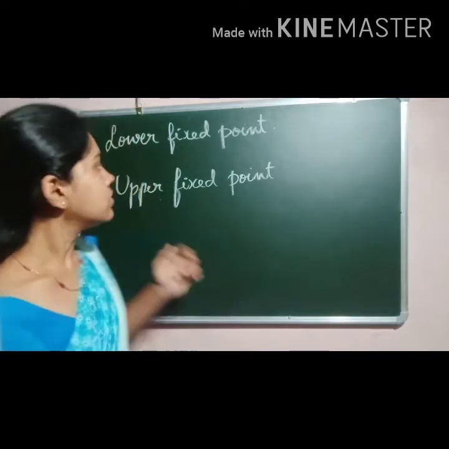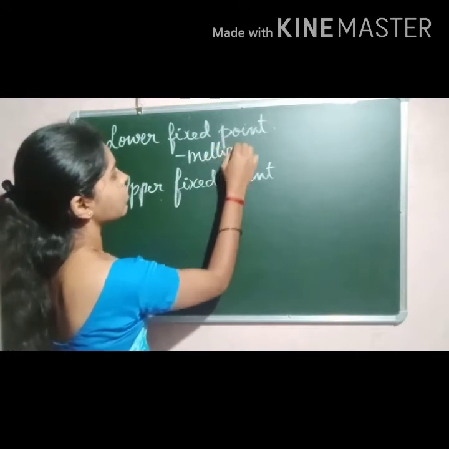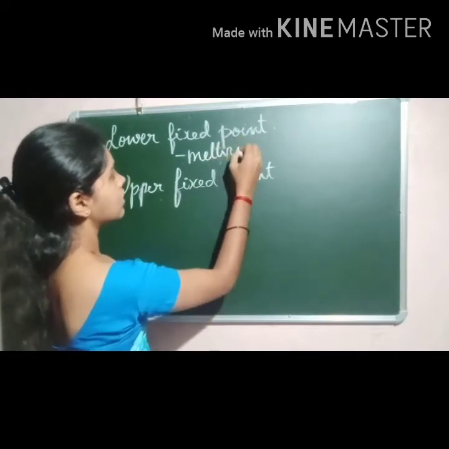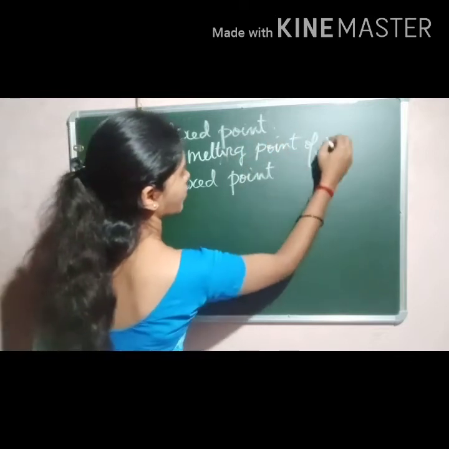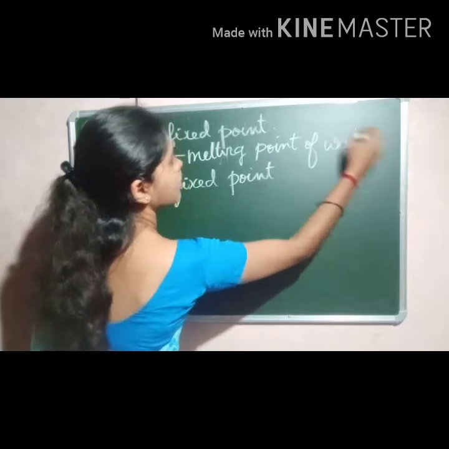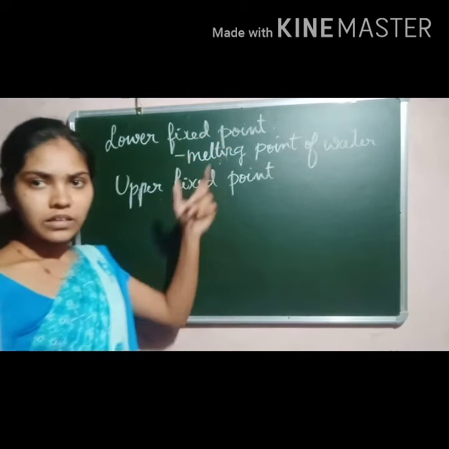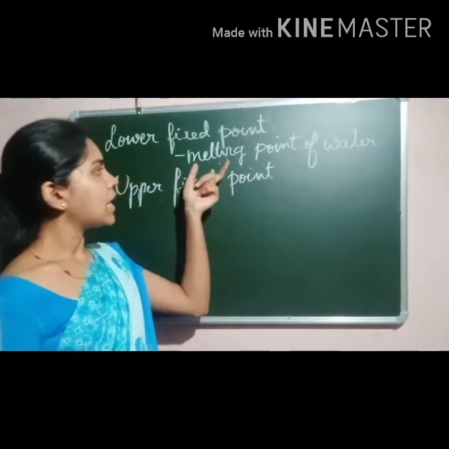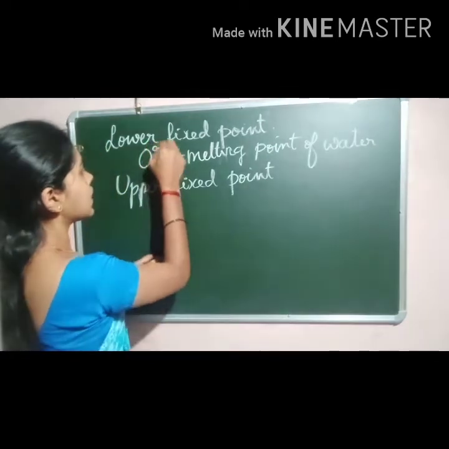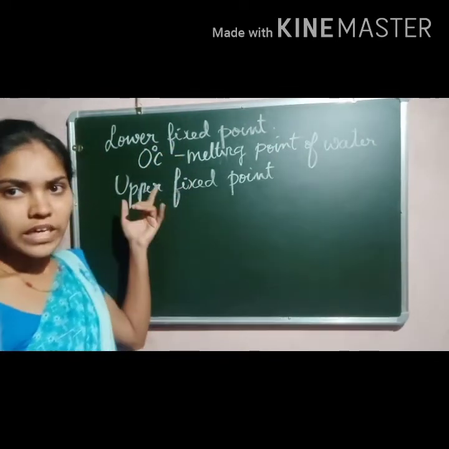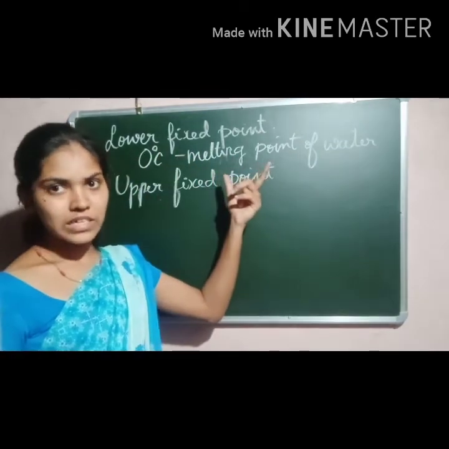The melting point of water is considered as the lower fixed point in the thermometer. What is the melting point of water? The melting point of water is 0 degree Celsius. So 0 degree Celsius is the lower fixed point of the Celsius scale.